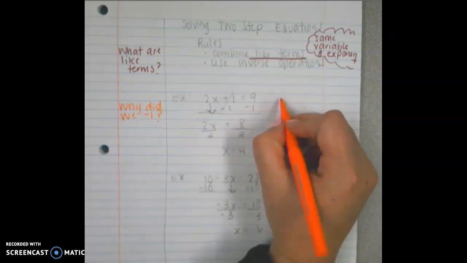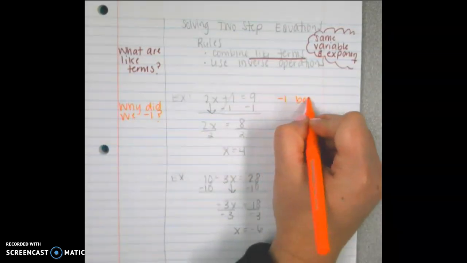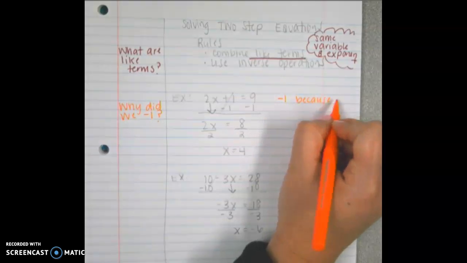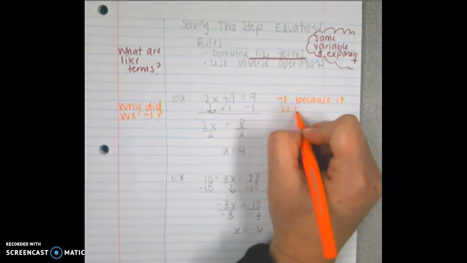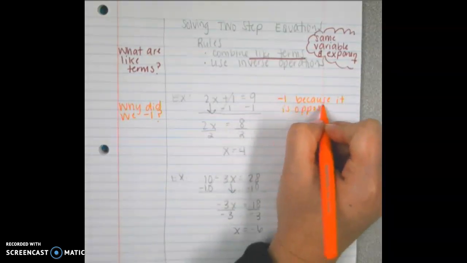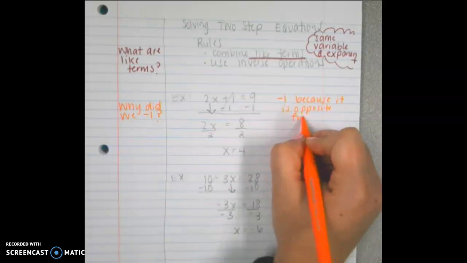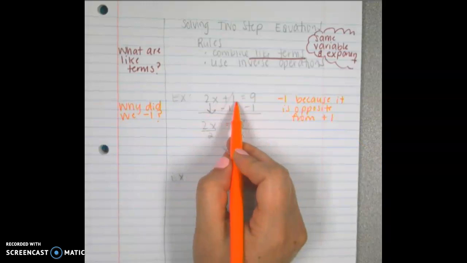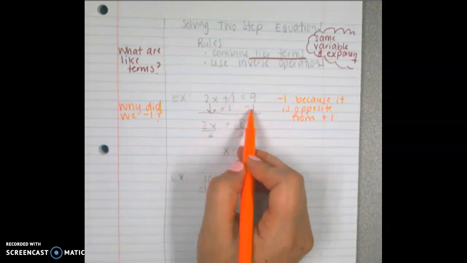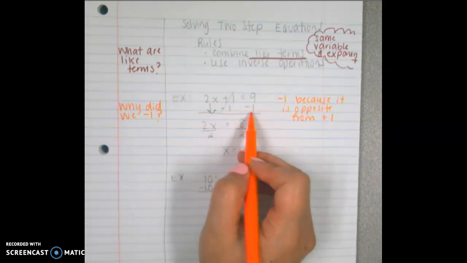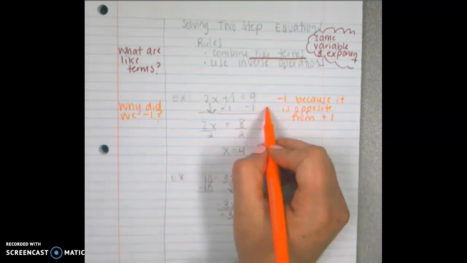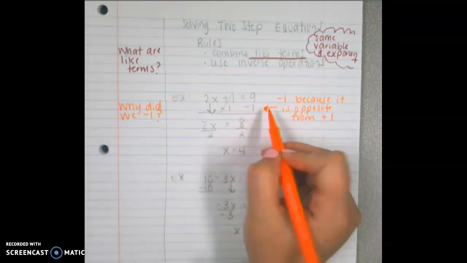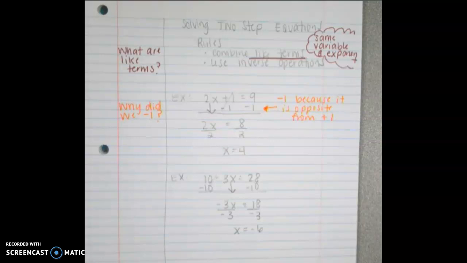We subtracted 1 because it is opposite from plus 1. Plus 1 was in the equation, minus 1 is the opposite, so we subtracted 1 on both sides. You might need to draw an arrow to remind you that the answer comes from that line. That's where the question even came from.